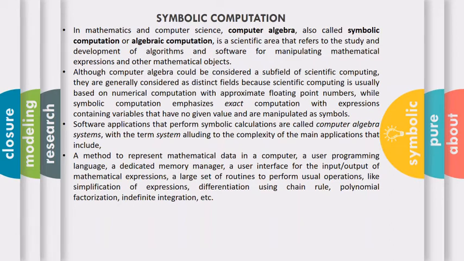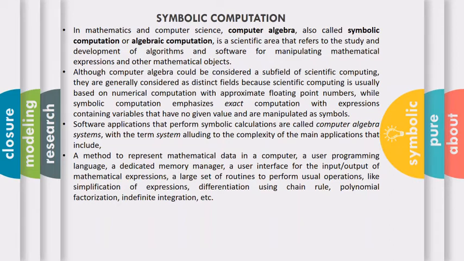Although computer algebra could be considered a subfield of scientific computing, they are generally considered a distinct field because scientific computing is usually based on numerical computation with approximate floating point numbers, while symbolic computation emphasizes exact computation with expressions containing variables that have no given value and are manipulated as symbols.